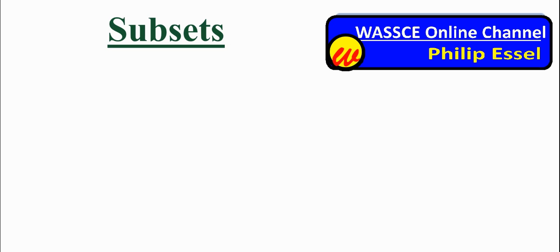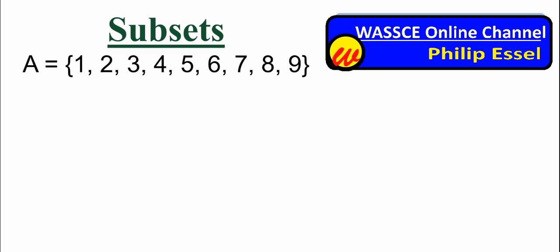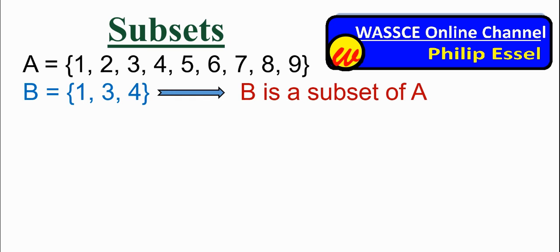So let's look at some examples. We have our set A with its members 1 to 9. We have set B with its members 1, 3, and 4. Since all the members of set B can be found in set A, we can say that B is a subset of A. Let's take the set C with the members or elements 6, 7, and 8.